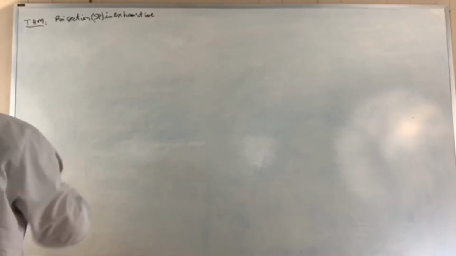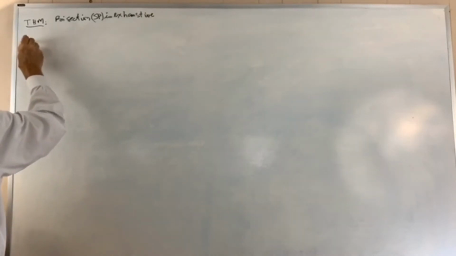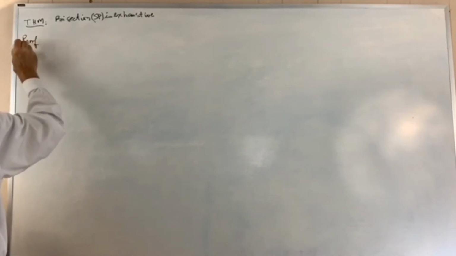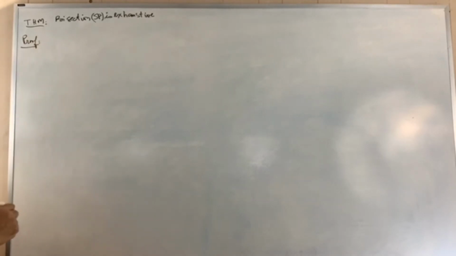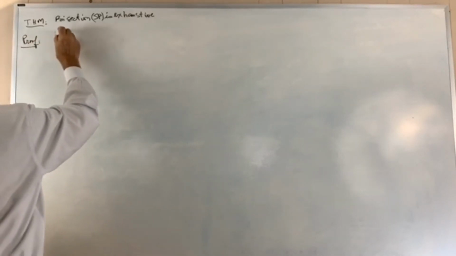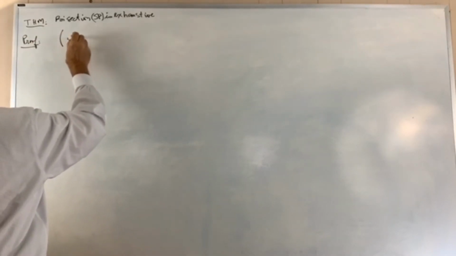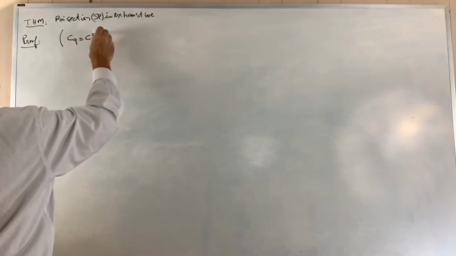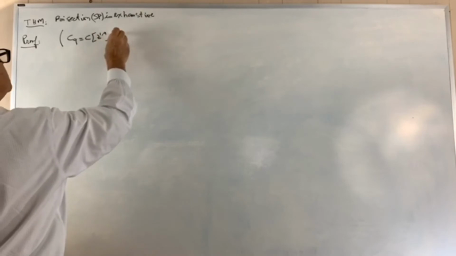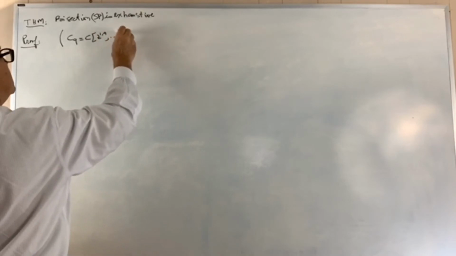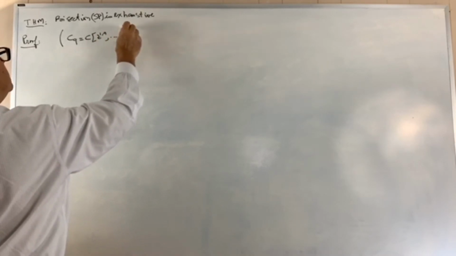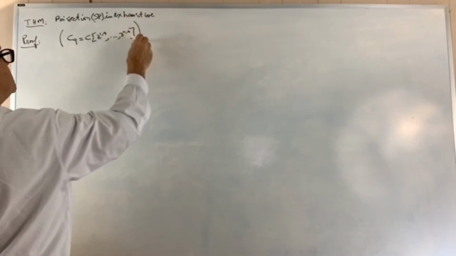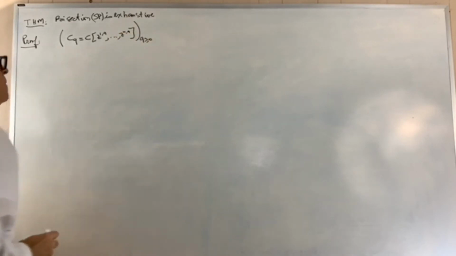Okay, so the proof here. We have a sequence, right? CQ equal to C of Z1Q, etc., ZNQ, Q greater or equal to 0.